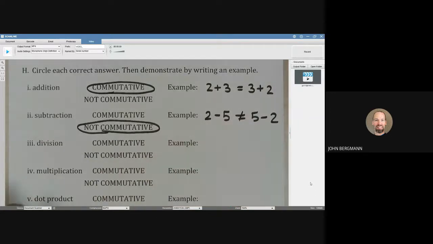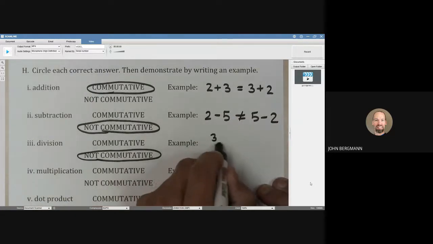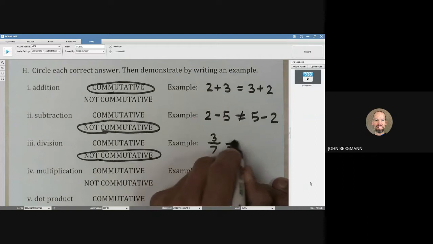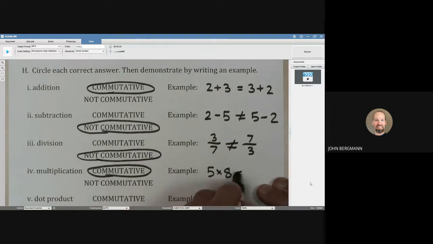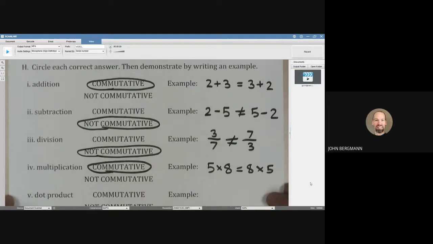The order makes a difference. How about division? Not commutative. 3 divided by 7 is not the same thing as 7 divided by 3. What about multiplication? Oh, that's commutative, isn't it? 5 times 8, 8 times 5, order makes no difference.